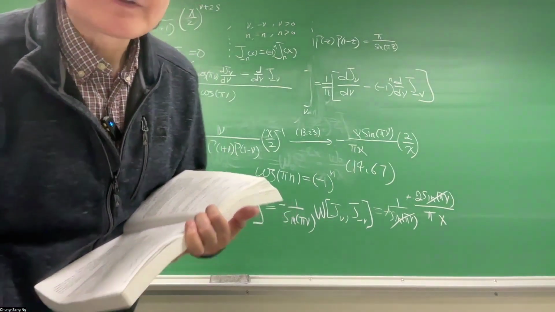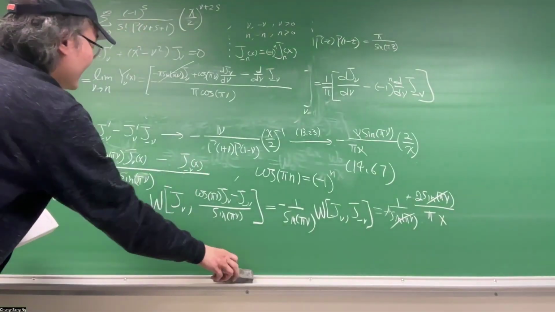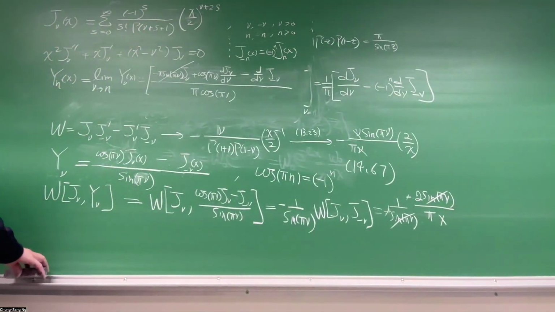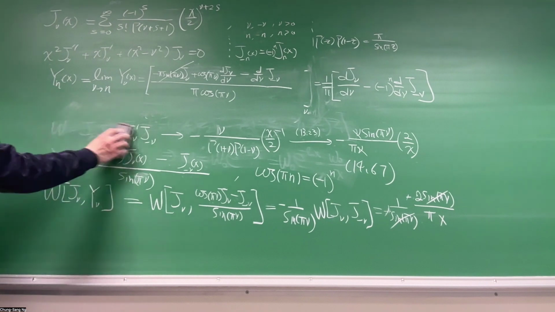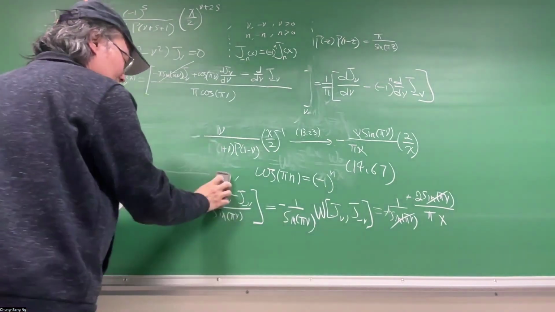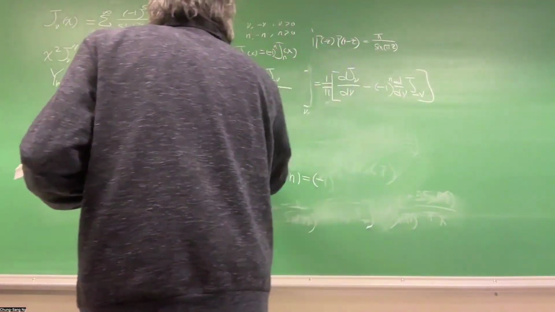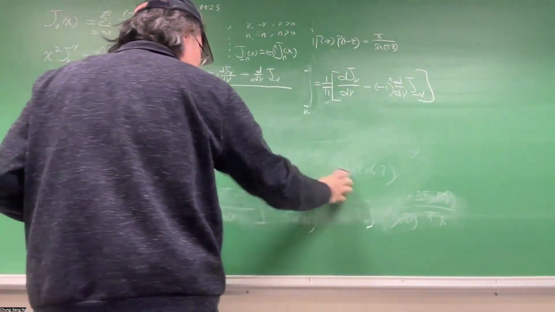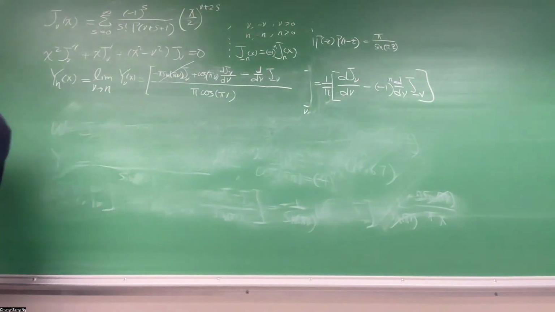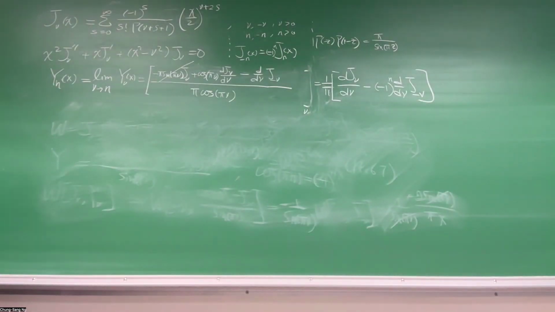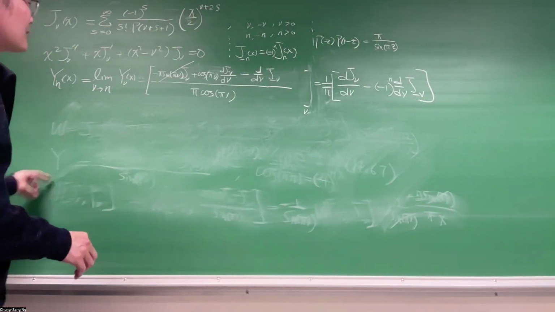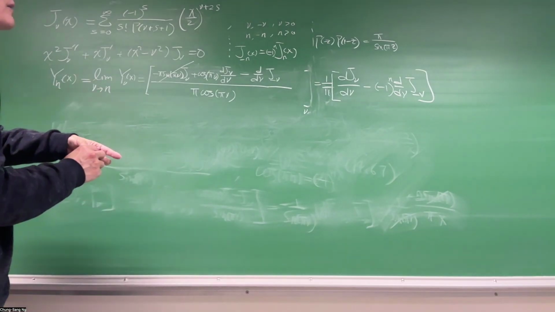How much time do I have? 20 minutes. Right, that should be the last discussion. I mean, not exactly the last, but most of the discussion is that you have the time to do the derivative. This is a little bit long, but we have everything we need to take this derivative.